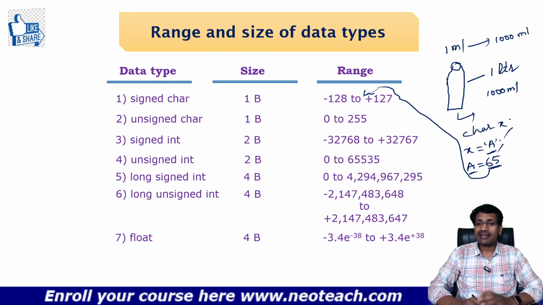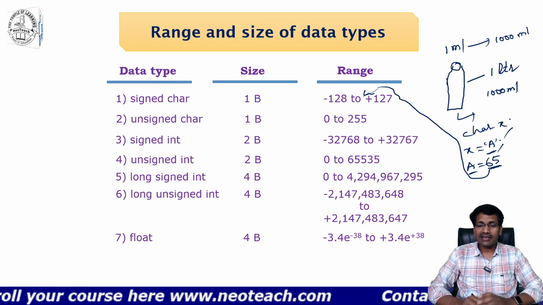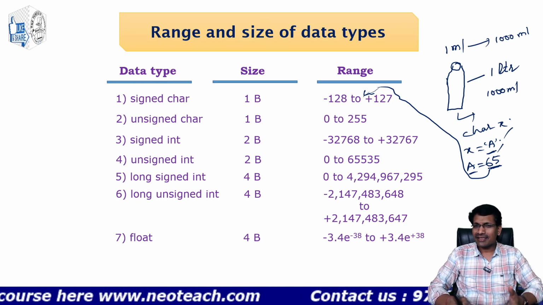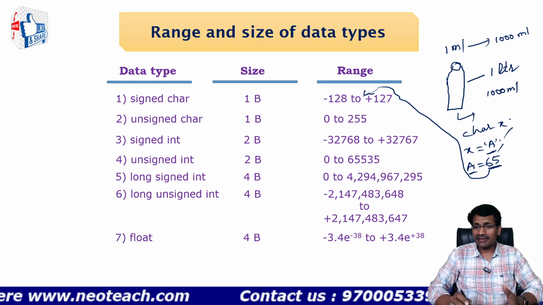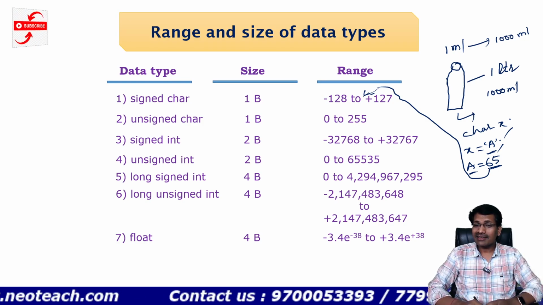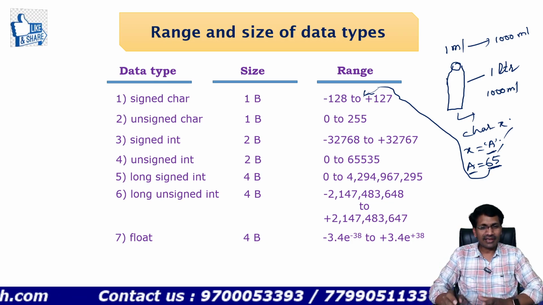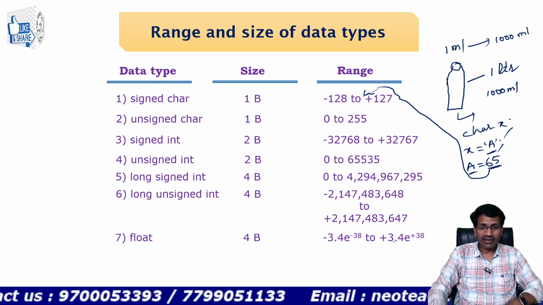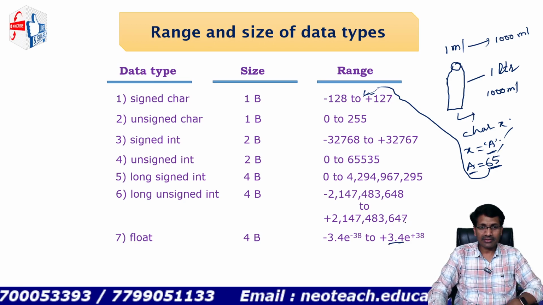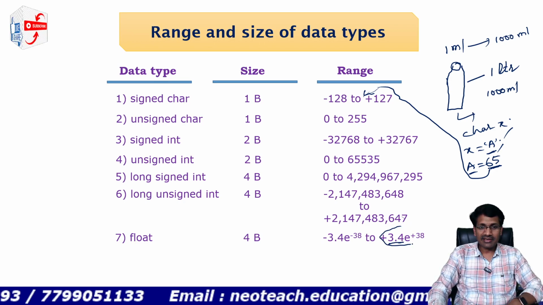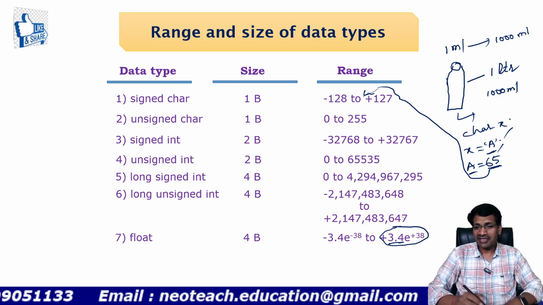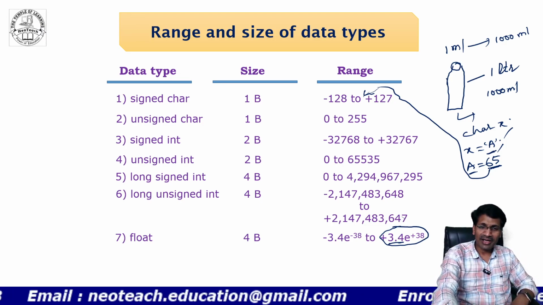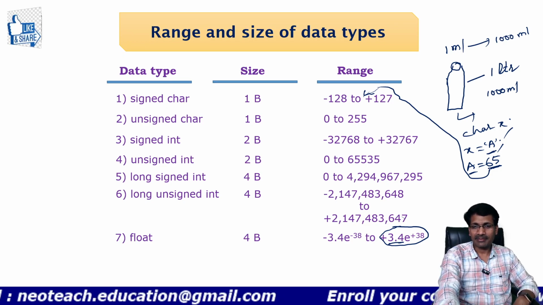And the maximum value? 3.4 e, in the sense exponent, base is 10, so 10 power 38. So 10 multiplied 38 times, and that value we multiply with 3.4. This notation is called scientific notation. So that much larger a value we can store in that variable.